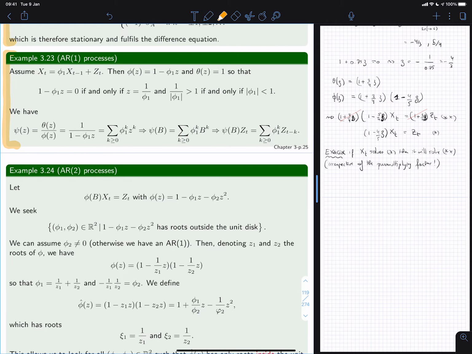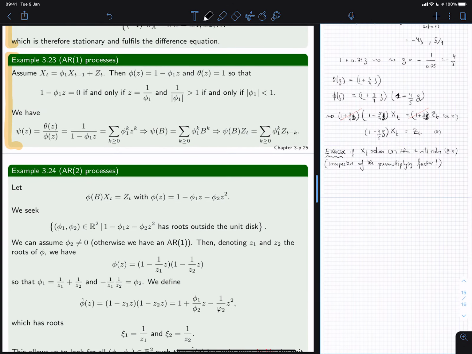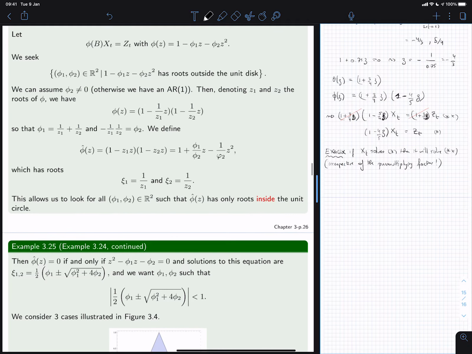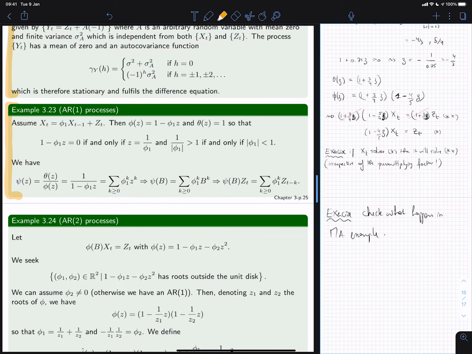It would be interesting to discuss the moving average case. I don't think I did it. That's a bit silly. So another exercise for you to do is to check what happens in the moving average example.